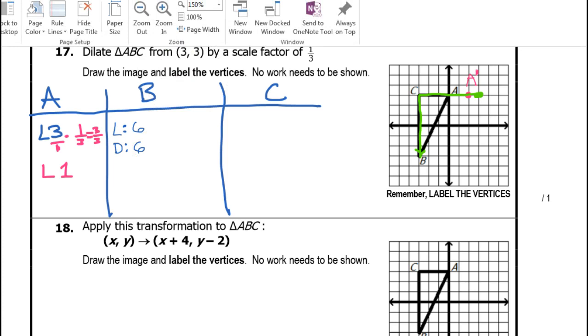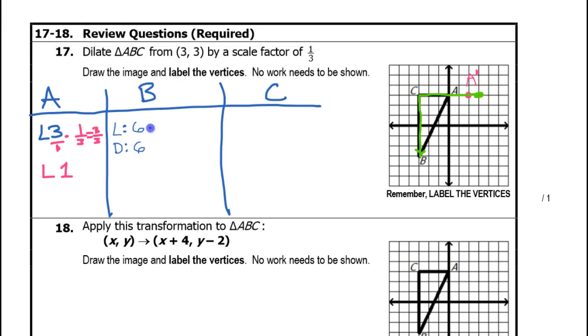So I need to multiply that by the scale factor of 1/3. 6 over 1 times 1 over 3, multiplying straight across, gives me 6 over 3, which is 2. So I need to go left 2. And since this is also 6, I'm going to get the same thing.